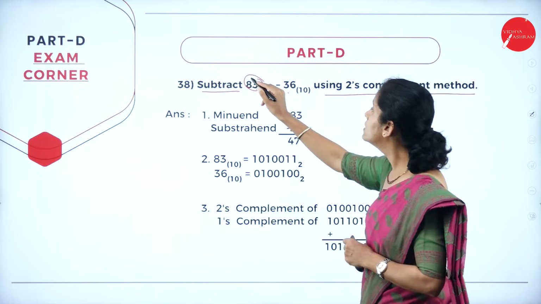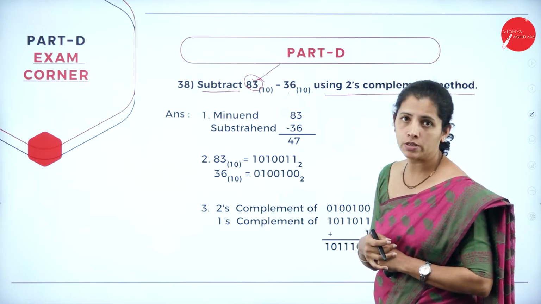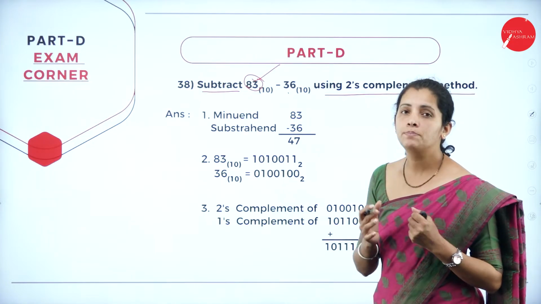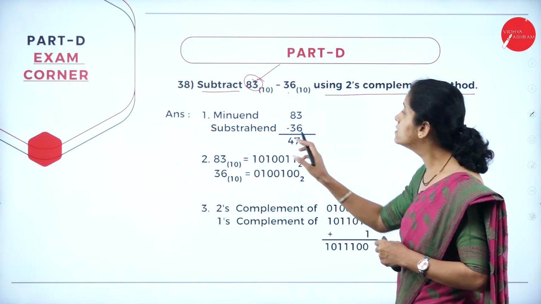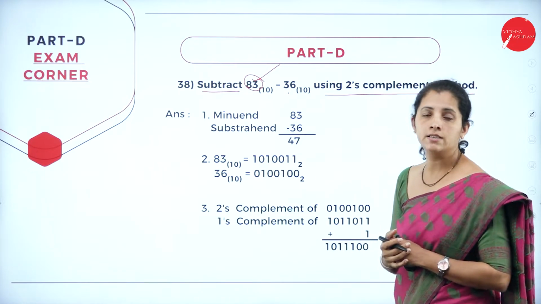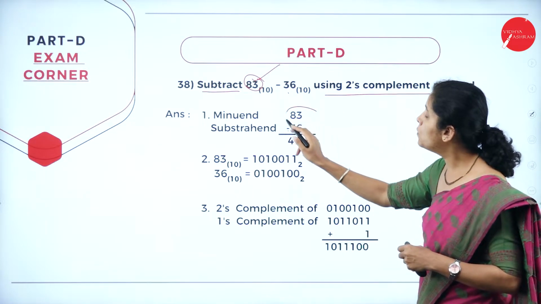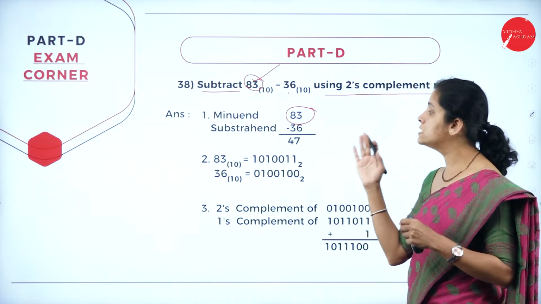Here 83 is nothing but my minuend, and 36 is nothing but the subtrahend. Now I want to subtract 36 from 83.